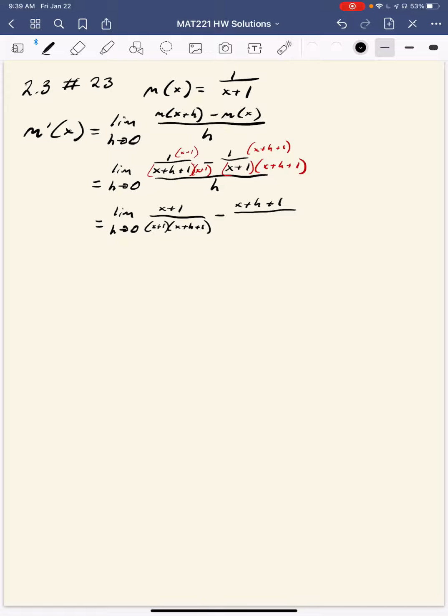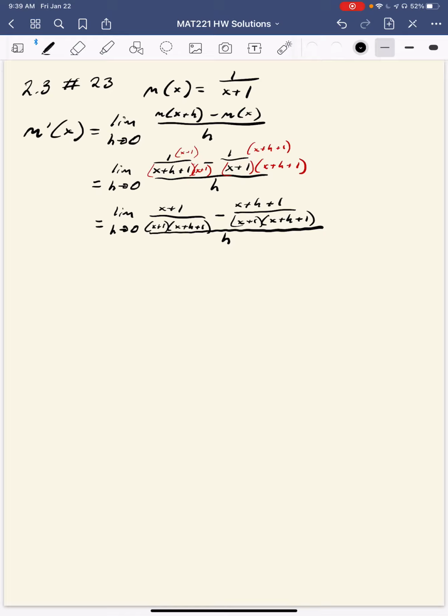And then over here I have that same denominator, x plus 1 times x plus h plus 1. I'm not going to multiply those two terms in the denominator together, just going to leave them separated like that for now, and you'll see why in a minute. But that's just the numerator of what I'm taking the limit of. I have all of that over h.